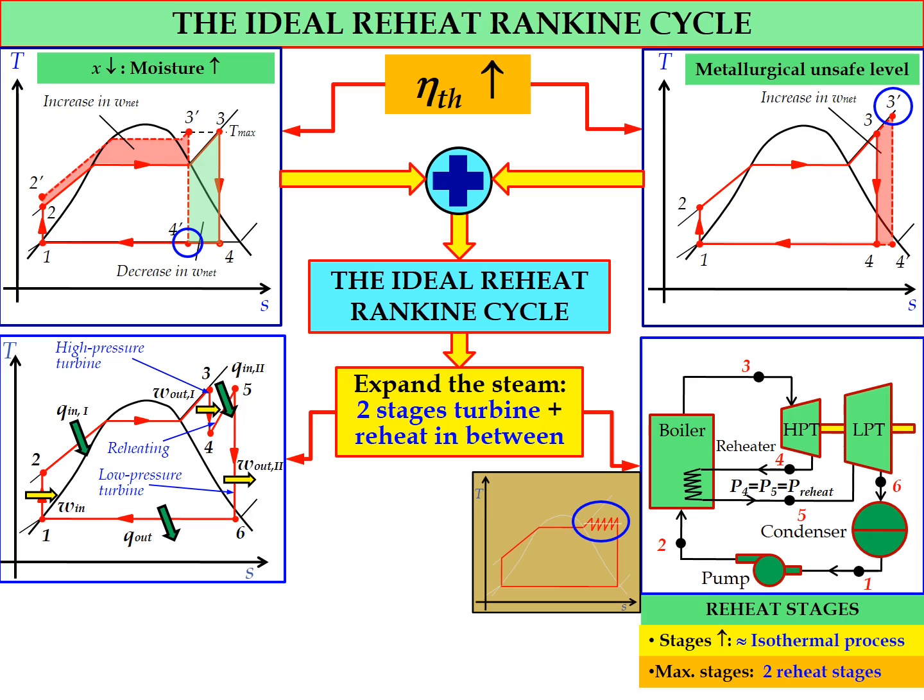In terms of formula, in order to determine the value of Q in, W out, and Q out, we need to refer to both the TS diagram and the schematic diagram.